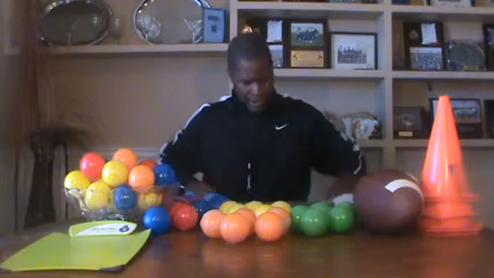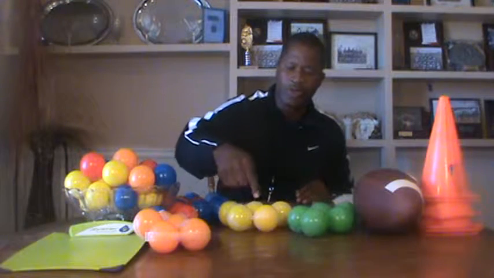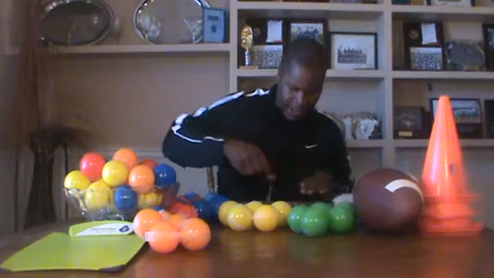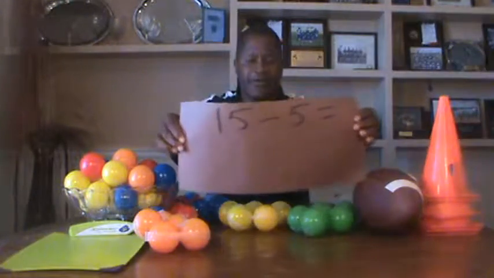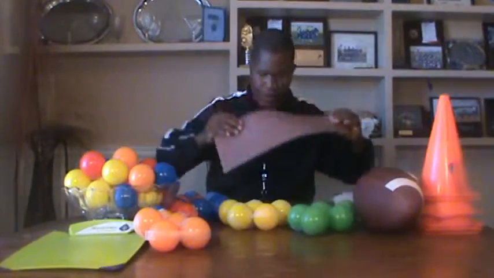You've got 5 yellow, 5 orange, 5 green. Now, the question is 15 minus 5. So now, we take these 5 away. And what do we have left? 1, 2, 3, 4, 5, 6, 7, 8, 9, 10. The answer to 15 minus 5 is 10.